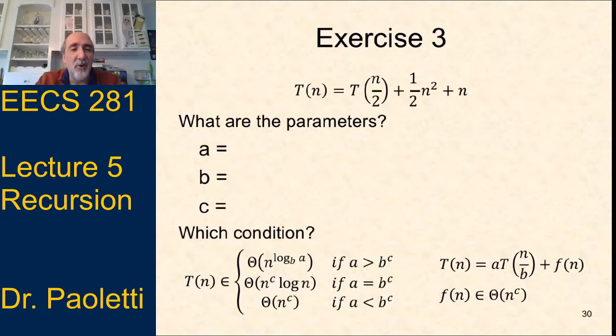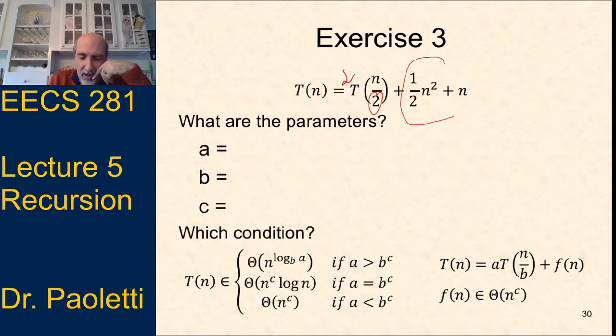All right, so take a minute and look at the different parameters here. So we've got A is equal to what's out front. Well, I don't see anything out front, so that should be a 1. B is what we divide by, which is 2.